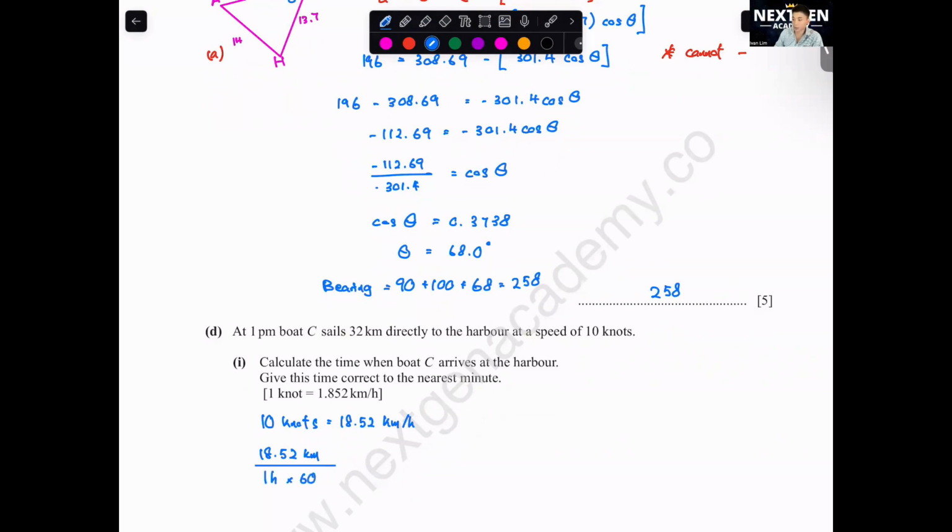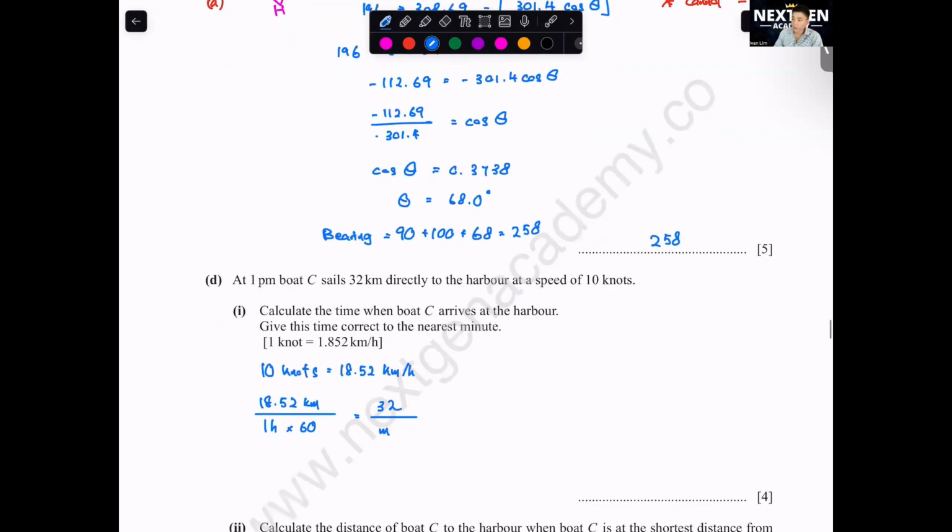I want to find how many minutes this is: 32 km over minutes. Let's call this M, minutes. We can just use a ratio here. M will be equal to 32 times 60 divided by 18.52, which gets 103.67, or 104 minutes.